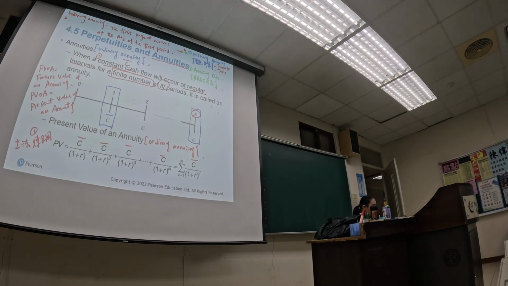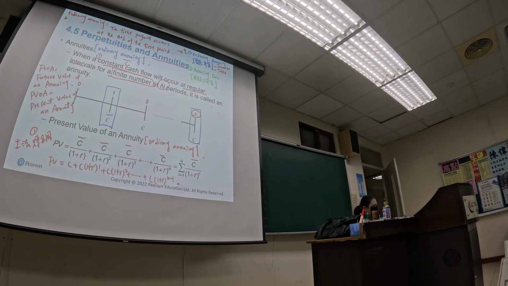Here I can write up the future value because I'm deriving both for you. FV would equal to C plus C times 1 plus R to the power of 1, and C times 1 plus R to the power of 2, and then C times 1 plus R to the power of n minus 1. That's your future value of annuity.